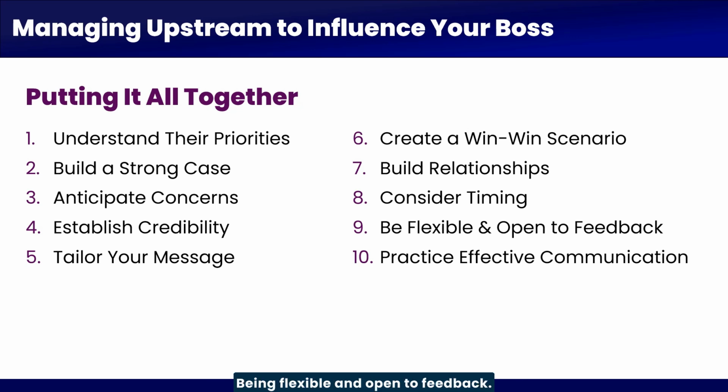Being flexible and open to feedback, being able to be agile, something that will be important. Maybe there's information that you'll learn in talking with the executive team that you don't know, that you'll want to step back and consider. And then, of course, practicing effective communication, maybe using ACC: acknowledge what the other person has said and any emotions around it with empathy, then clarify to dig in and peel the onion and truly understand, and then confirm and summarize what they've said to ensure understanding. Just simple, effective communication can go a long way toward getting people together.